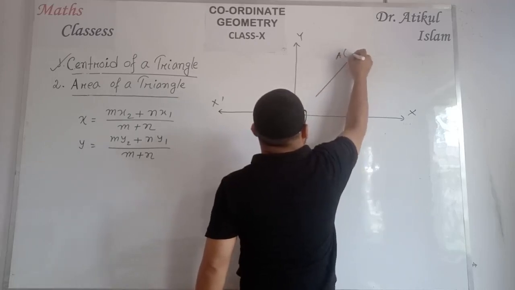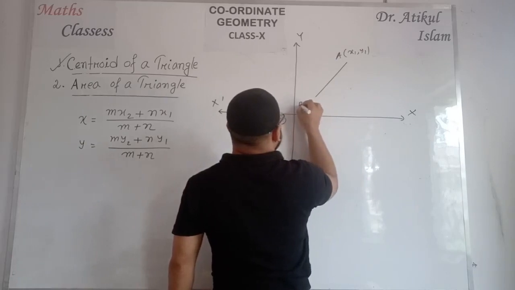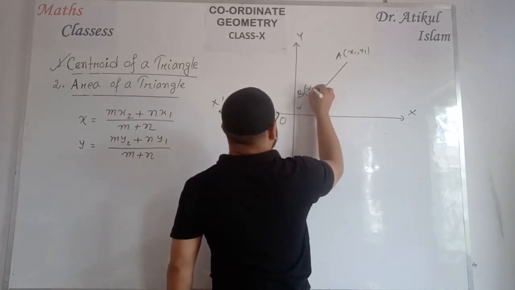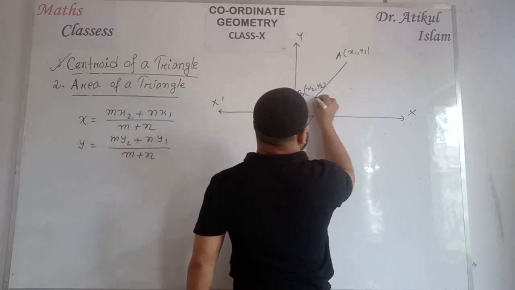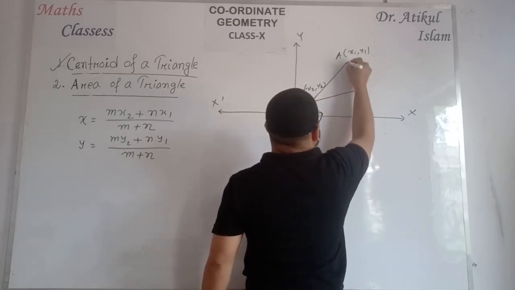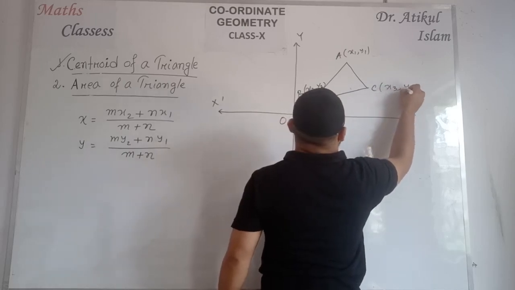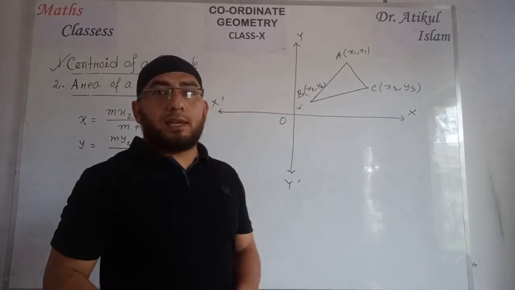Say this is your A (x1, y1), this is your B (x2, y2), and C (x3, y3). Then we have to find the area of this triangle.